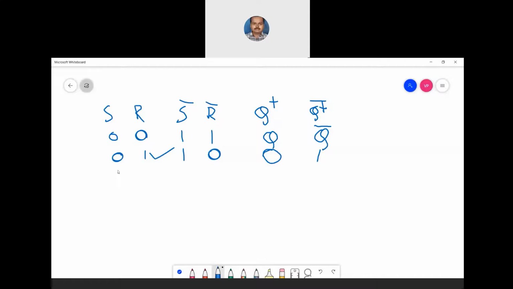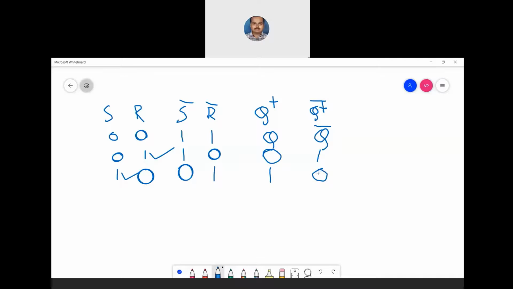Similarly, when S is 1 and R is 0, S bar is 0 and R bar is 1. Since S is 1, it is the set state: Q is 1 and Q bar is 0.